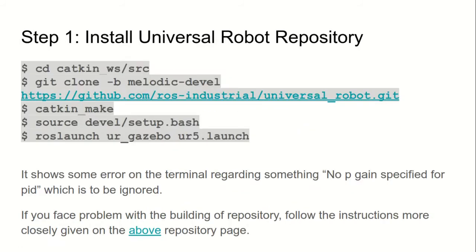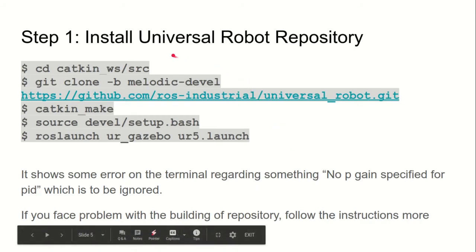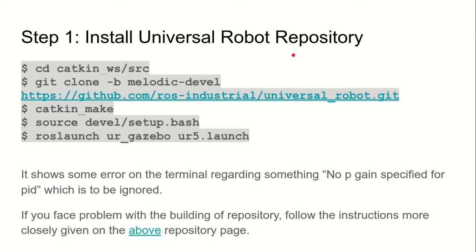Our first step is to install the universal robot package on your system. Essentially you download the repository, the zip, into your Catkin workspace src folder, and then you build it, and if everything is fine, you should be able to launch the UR5 simulator by running this command.